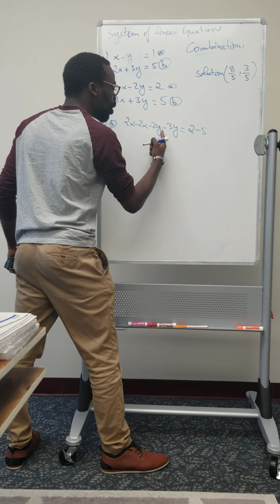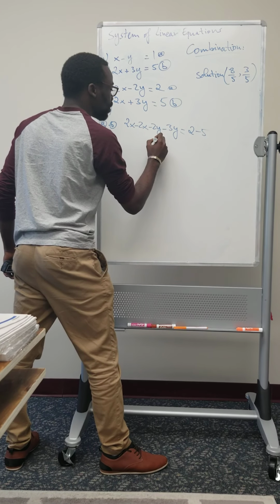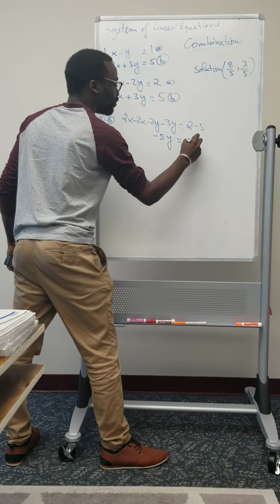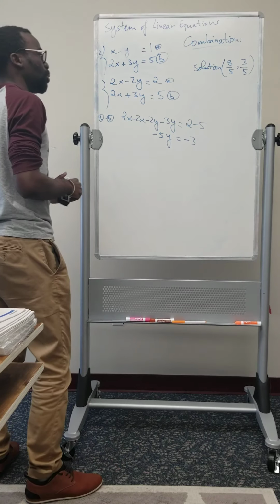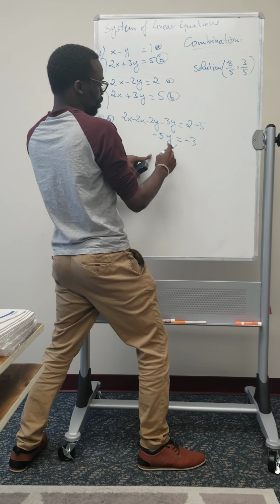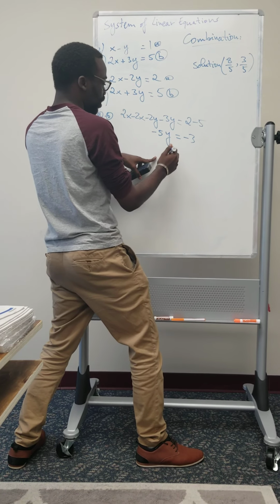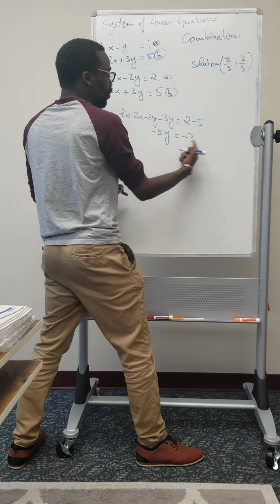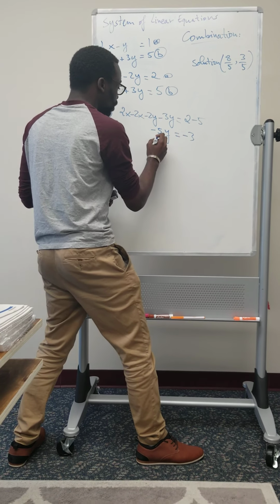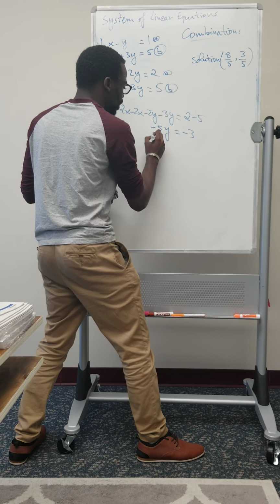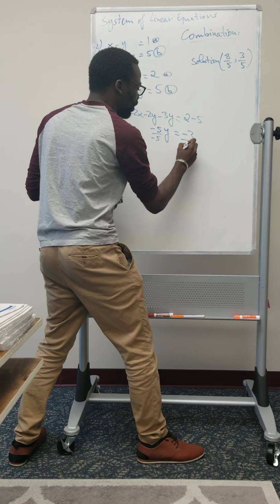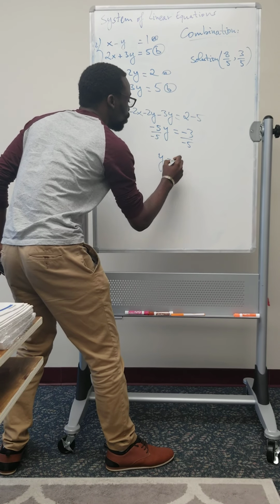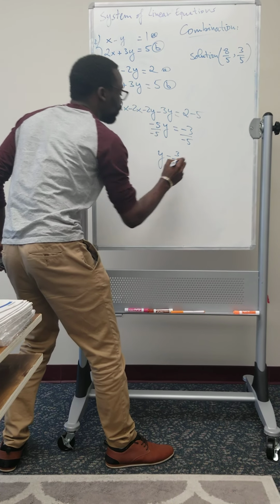So minus 2y minus 3y is minus 5y equal negative 3. Oh, now I'm happy, because I only have one variable. And again, the idea here, I can divide both sides by negative 5. So I will have negative 5 over negative 5, and it becomes y equal 3 over 5.